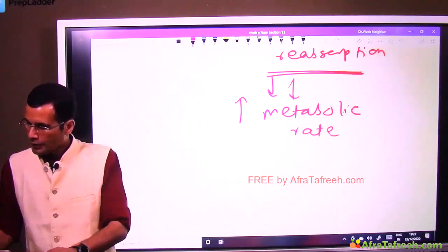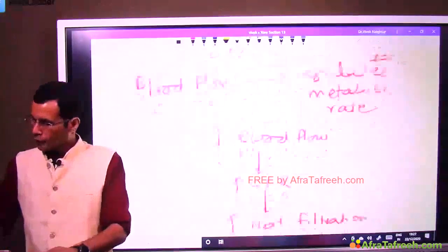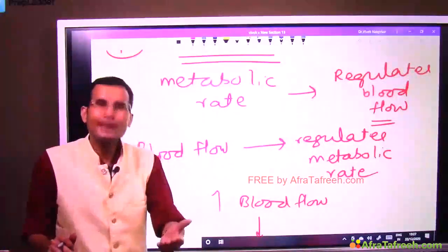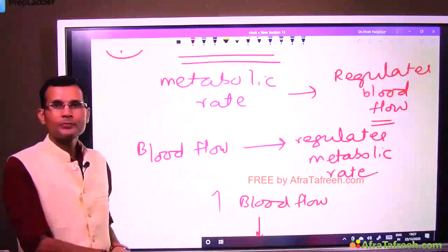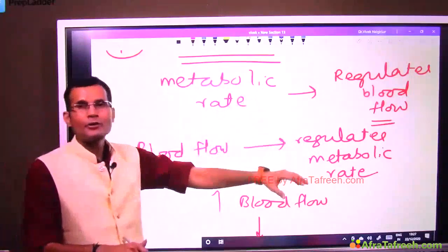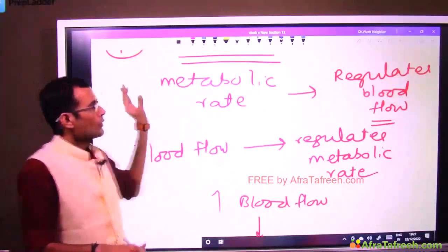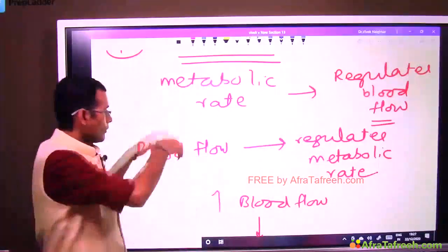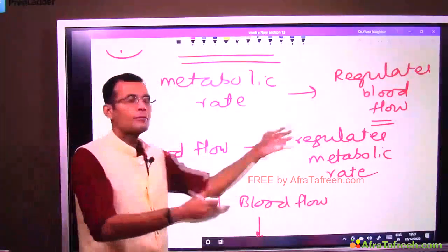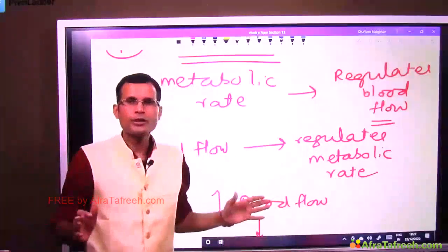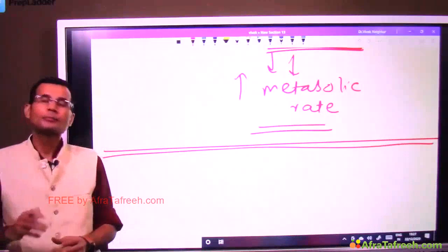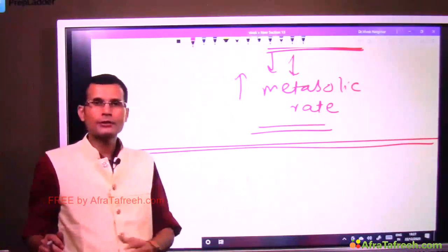So please remember, the metabolic rate, oxygen consumption, ATP breakdown is regulated by the blood flow. Elsewhere it's the other way around. Metabolic rate of the organ regulates the blood flow to that organ. The blood flow to the kidney regulates the metabolic rate in the kidney. Very exceptional, right?